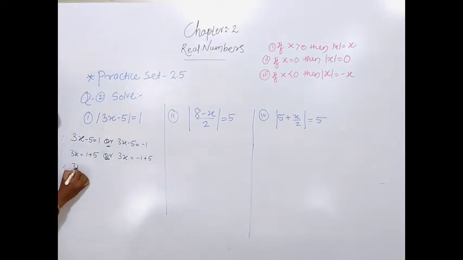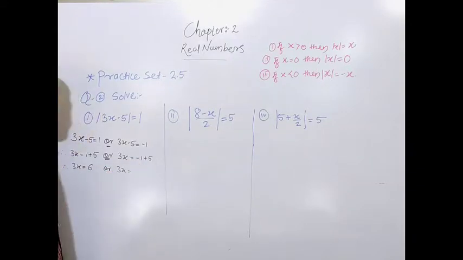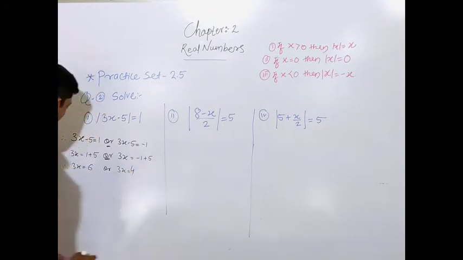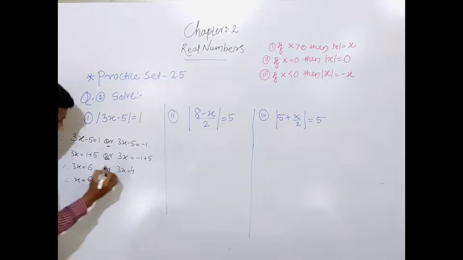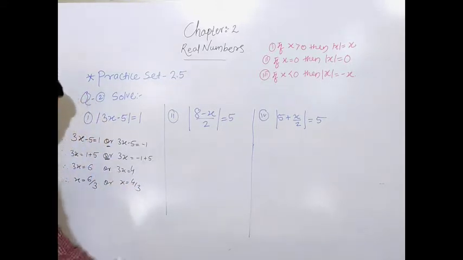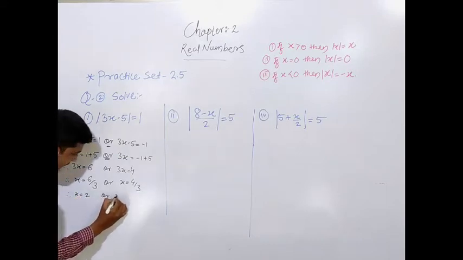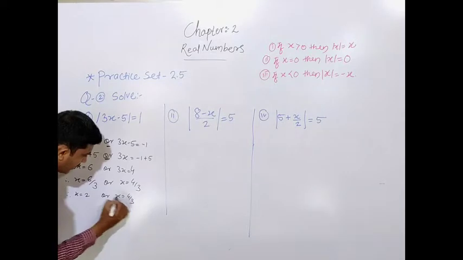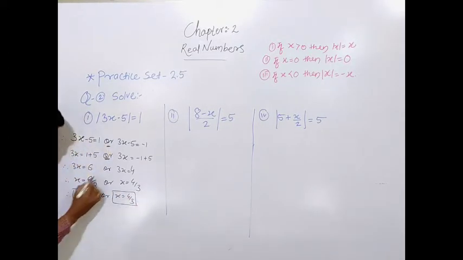Therefore 3x equals 6, or 3x equals minus 1 plus 5, that is 4. Therefore x equals 6 upon 3 or x equals 4 upon 3, that is simply x equals 2 or x equals 4 upon 3. These are the two possible values of x.